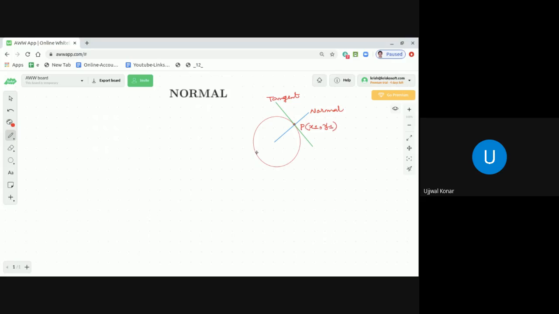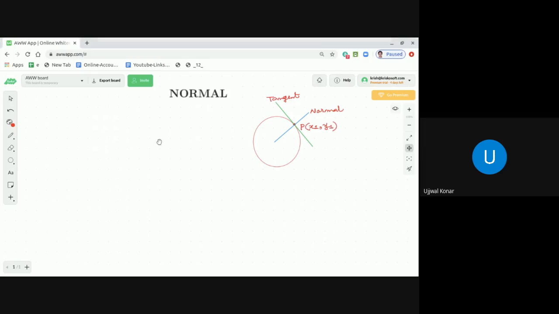Now, one thing is very important to know: the normal to a circle passes through its center. That is very important to know and very obvious, right? Because we know a radius is perpendicular to the tangent at that point.